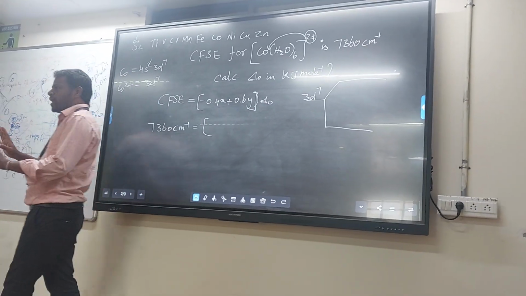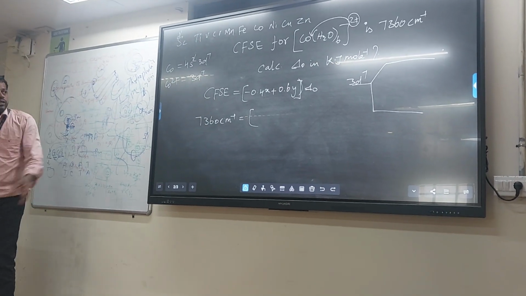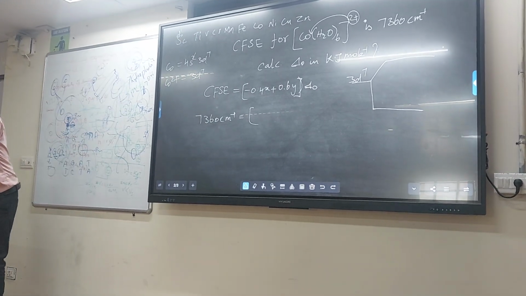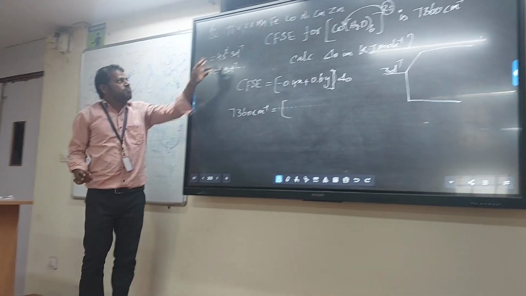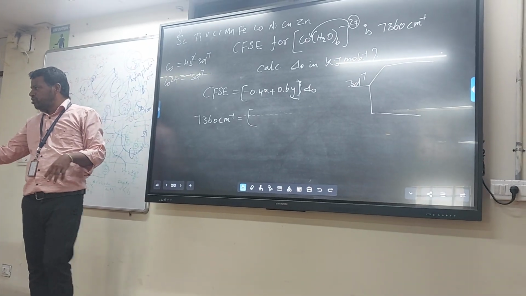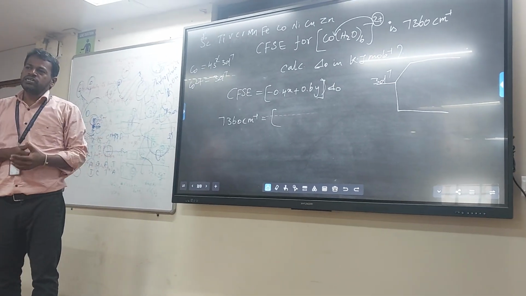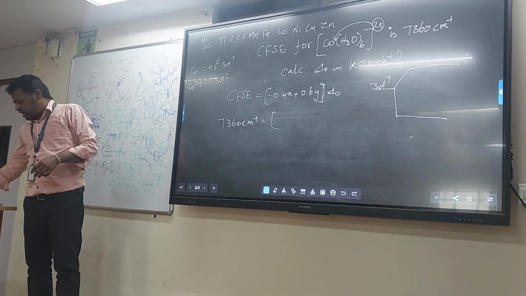Now you find the number of d electrons: d7. If it is a 3+ complex, what is the number of d electrons? 6. d6, right.